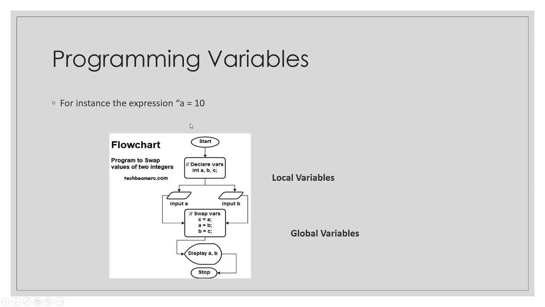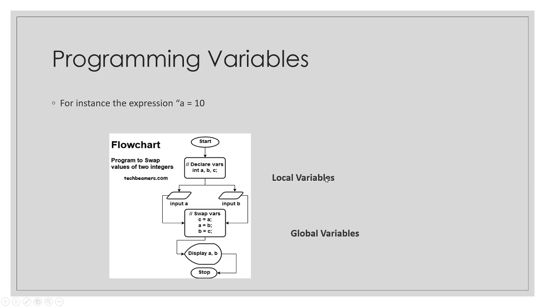It has two categories, which are called local variables and global variables. The local variables are variables that are within the scope of a program, function, or procedure. This is what is called local variables. As you can see, declare variable input b, declare the variable.